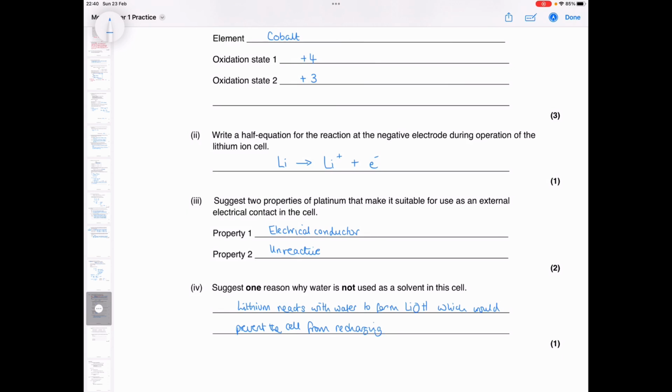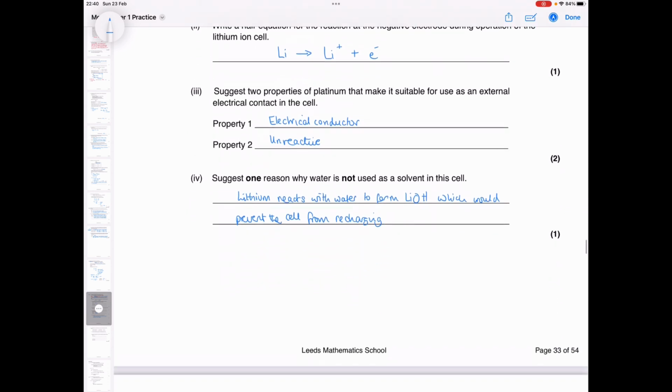And so that would cause our battery to cease to function as it should if there was water present in the cell.